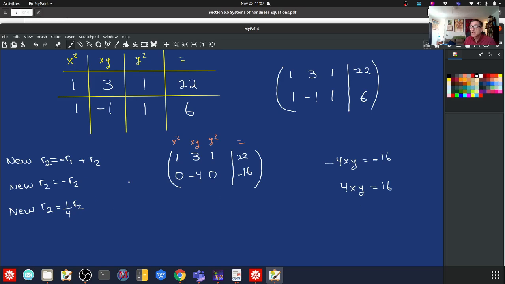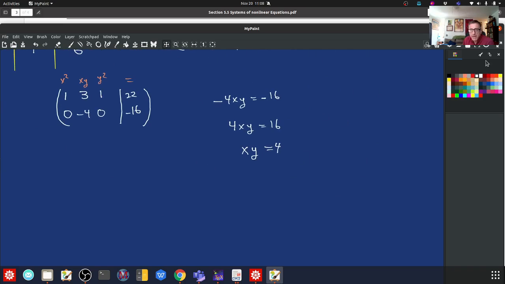I'm just telling you that operations over here with the variables in place actually correspond to matrix operations I could use if I wanted to. Anyway, this gives me x times y is equal to 4. Now what I'm going to do is solve for y. I could solve for x, but I've decided I'm going to solve for y.